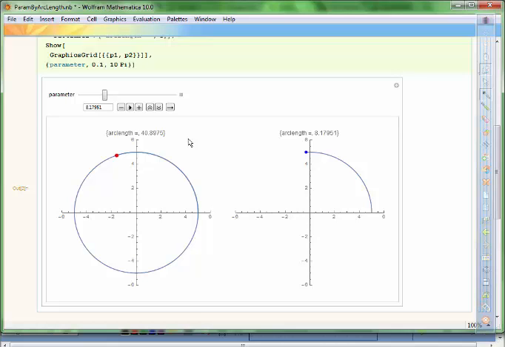Remember, you're supposed to be looking at three things. The arc length for this one is the same as the t value for this one, right? It's hard to see the numbers.